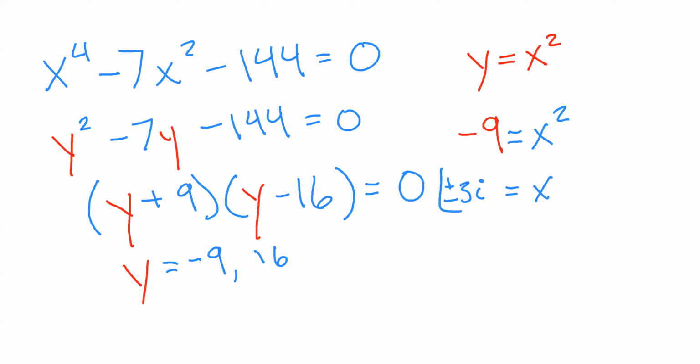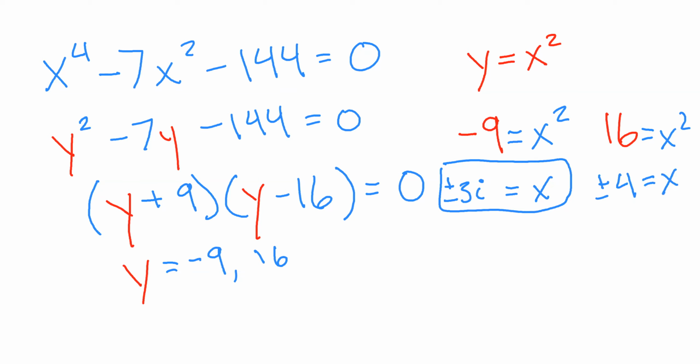So that's one possibility. But we also have that y could be 16. So we have that x squared equals 16. If that's the case, we'll square root both sides and we get plus or minus 4. All right, so we have this fourth degree equation and we end up with 4 solutions. We've got plus 3i, minus 3i, plus 4, minus 4.